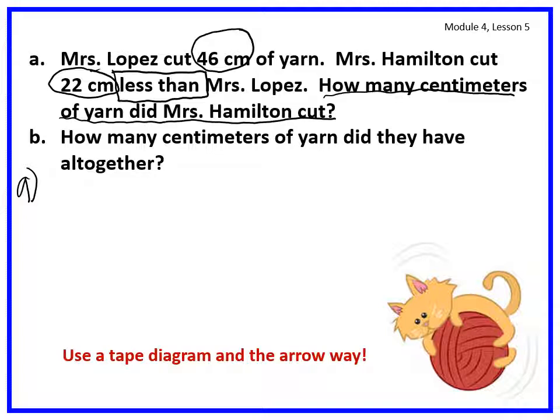Hamilton cut? Now, I know with less than, that typically means subtract. So I know that 22 centimeters is going to be shorter. So let's go ahead and start with our tape diagram. So I'm going to label it Mrs. L, and she had 46 centimeters.